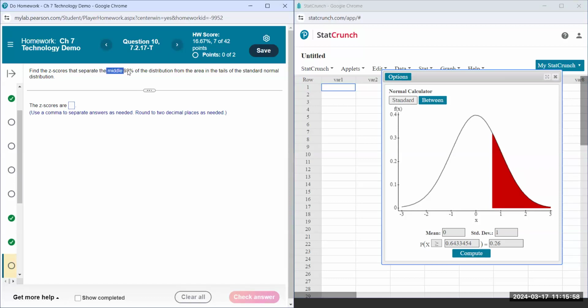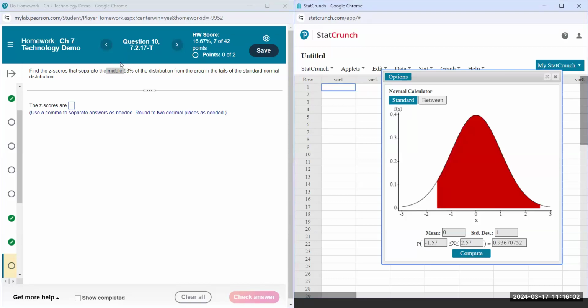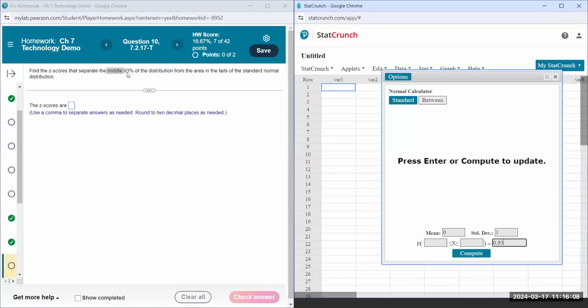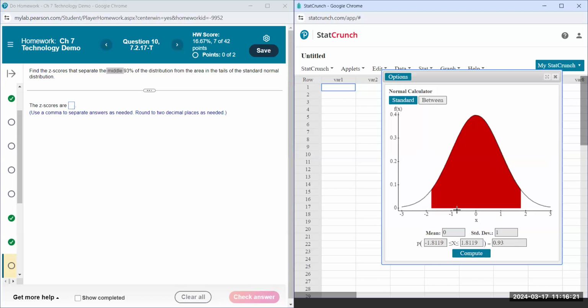Find the z-scores that separate the middle. So that's a between. And another thing you have to be careful here is that it's given to us as a percent. So when you put it on the normal calculator, you have to be careful and always put it as a probability, which is how we do it mathematically. Percent is just for the public. So if you want to capture 93% of the data, that's almost 95%.